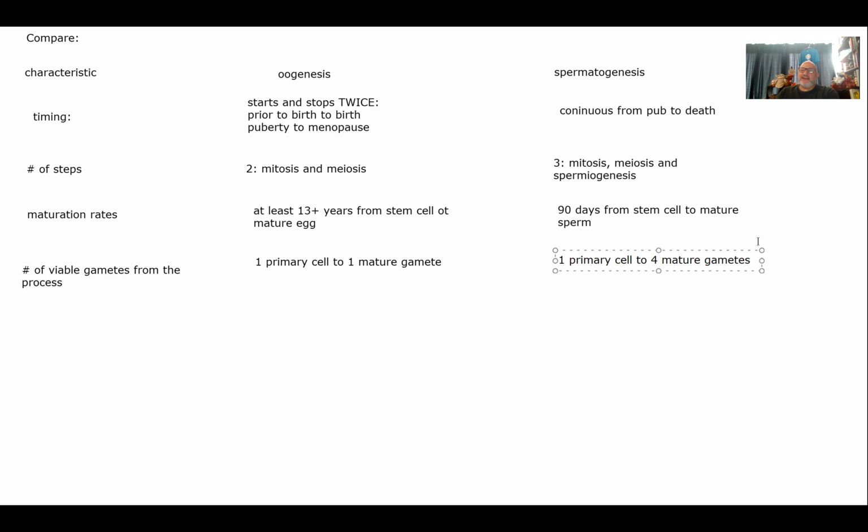It basically completes meiosis in the testis. It completes it in the seminiferous tubule, right? Whereas the egg doesn't complete its maturation till after ovulation. And that maturation takes place in the uterine tube, or the oviduct, and only if it is fertilized by the sperm. So that's another thing you can think of as well, right?